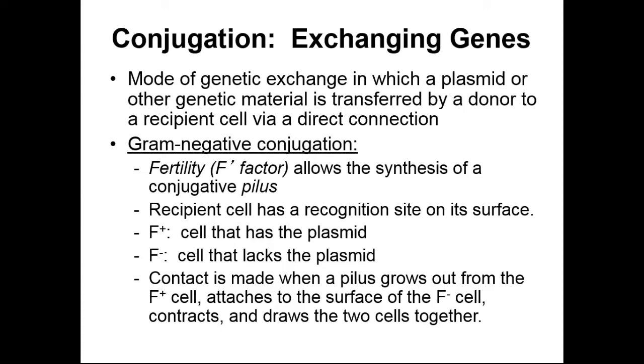That F-positive cell grows the sex pilus, or the conjugative pilus, and that pilus docks or attaches to the F-negative cell. That F-negative cell is then drawn towards the F-positive cell. The two cells are then drawn together, and genetic information can move from cell A to cell B, from the donor to the recipient.